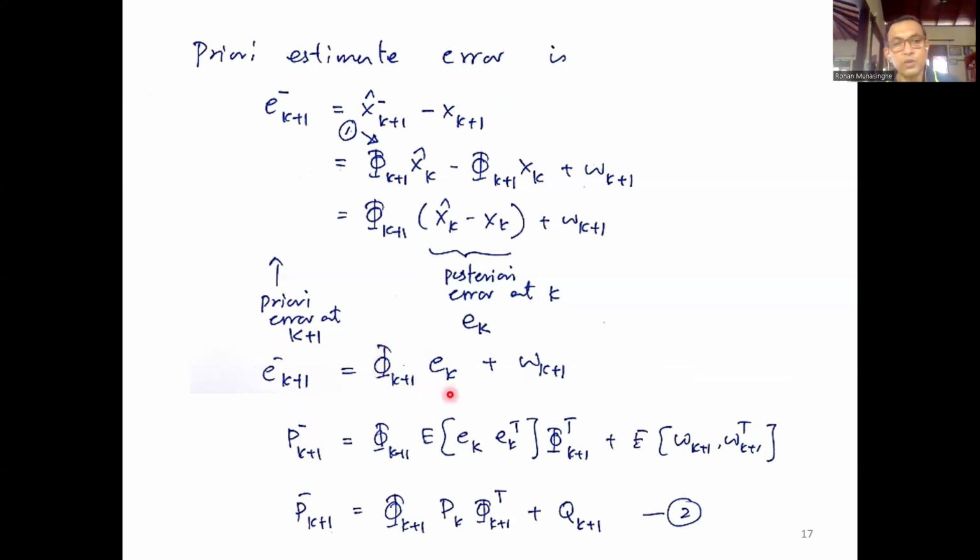Now, when you get the variance of something like this, where ek is preceded by a matrix, a state transition matrix, this is how you write it.